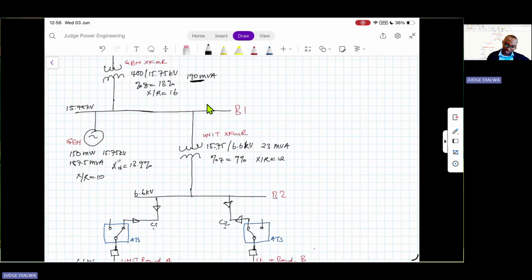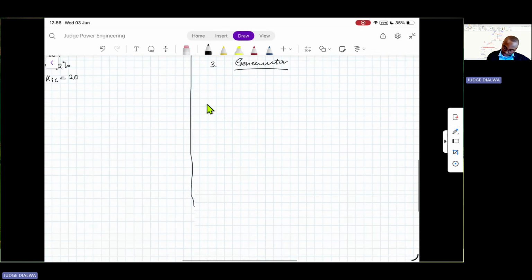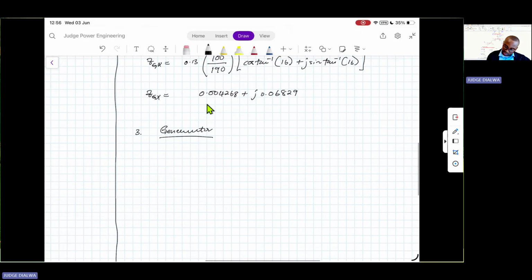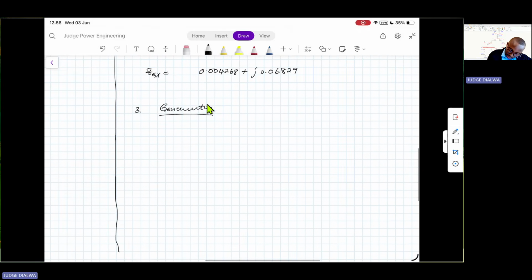So this one is going to be a bit different because since we are given the subtransient reactance, our per unit reactance will be given by the subtransient reactance multiplied by the new MVA divided by the old MVA, which is 187.5.